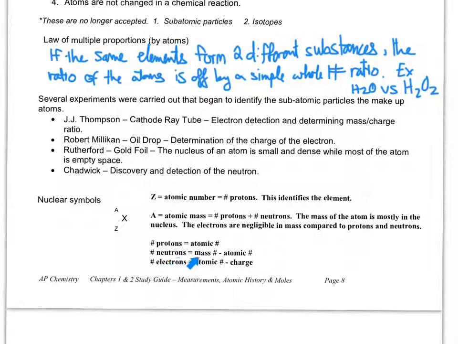The number of neutrons is going to be the mass number minus the atomic number, and the mass number, again, is either going to be given to you if it's a certain isotope, or you can look it up on the periodic table. And then the number of electrons is equal to the atomic number minus the charge. So if it doesn't have a charge, then it's just the atomic number, which makes sense. If it's neutral, that means the protons, which are positive, are equal to the electrons, which are negative. If it does have a charge, then you subtract the charge from the atomic number to get the electrons.